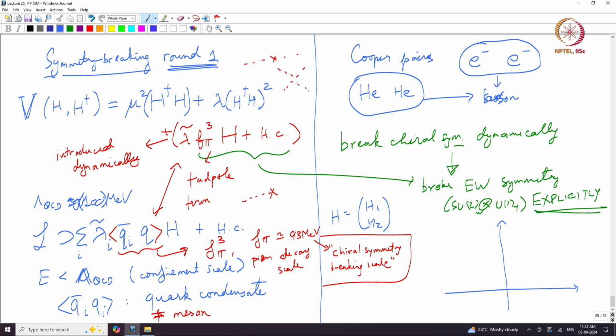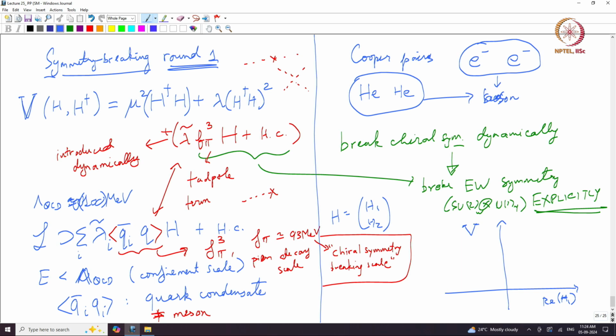Because I do not know how to draw in 4 dimensions, I am just going to draw it in 2 dimensions, where I pick the real part of H1. You can pick the imaginary part, or the real and imaginary parts of H2 if you want. So, what I am drawing is a projection of the entire potential.